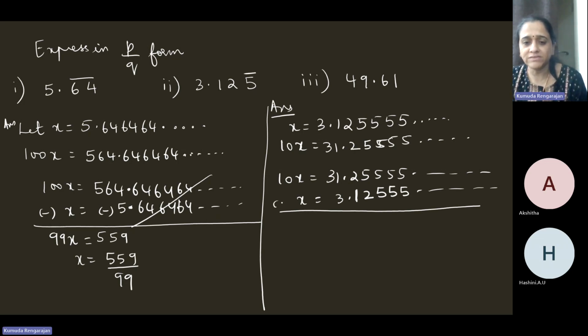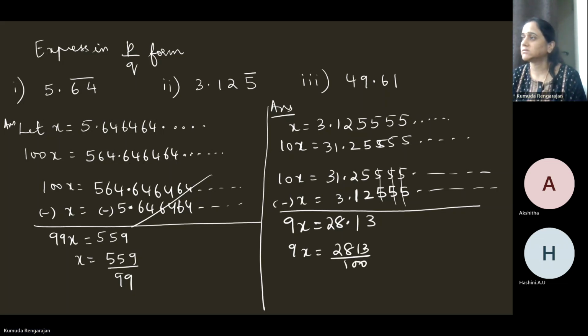So 10x minus x, 9x, is equal to: 5 minus 5 is 0, 5 minus 5 is 0, 5 minus 5 is 0, 5 minus 2 is 3, 2 minus 1 is 1. 0.31 minus 3 gives 28.13. So 9x is equal to 2813 by 100. First shift the decimal point.